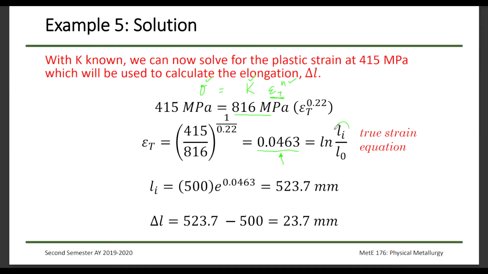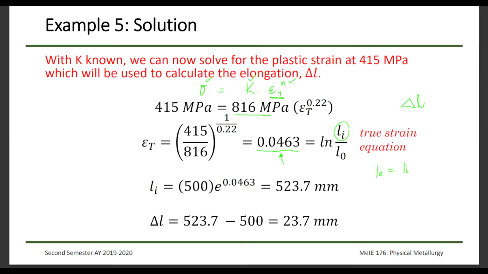Kailangan kasi natin mahanap itong Li so that we can compute for delta L, no? So we know the true strain is 0.0463, and if we equate it with the true strain equation, that is equal to ln of yung instantaneous L over the original length, L naught. Okay?